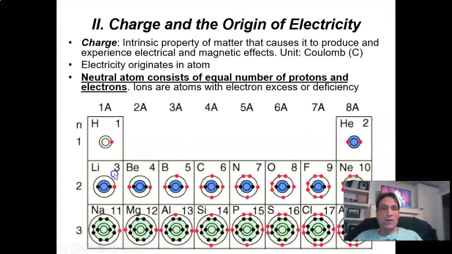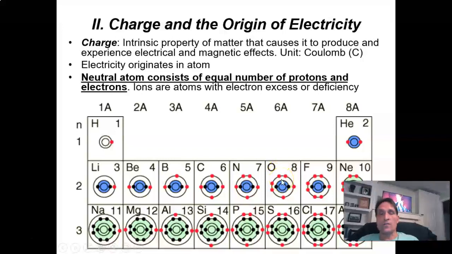Okay. Lithium, which is the third element in the periodic table, has three protons and three electrons, and so on. And so these atoms in their typical states are what are called neutral. They have the same number of protons as electrons, and so the net charge on a neutral atom is zero.